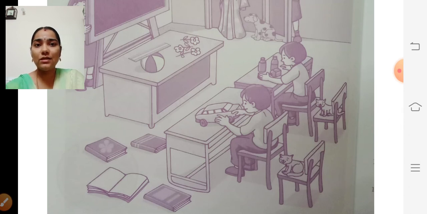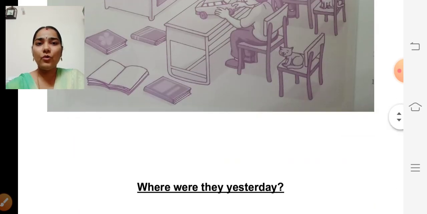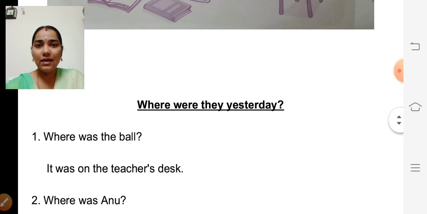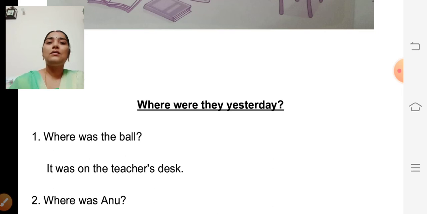Based on this picture only, they have asked some questions. We are going to answer all these questions in past tense. If it is singular, we are going to use the verb was. If it is plural, then we are going to use the verb were. Okay. See the first question.